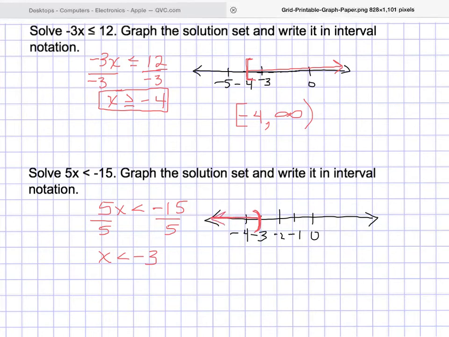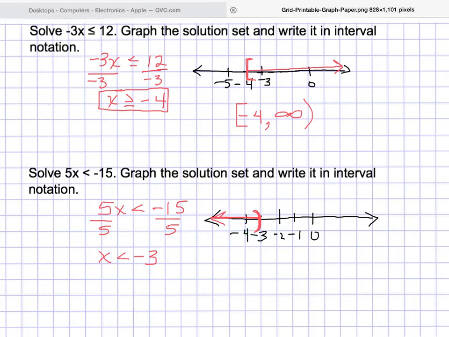That's our graph. Now, with interval notation, keep in mind, you always write your interval notation with your smallest numbers first. In other words, you always move from left to right with your numbers in the interval notation as it relates to the number line. So in this case, we're starting over here, which is negative infinity, and we're going all the way to negative 3.